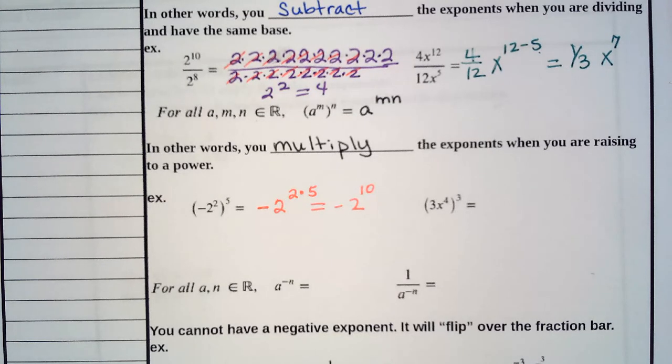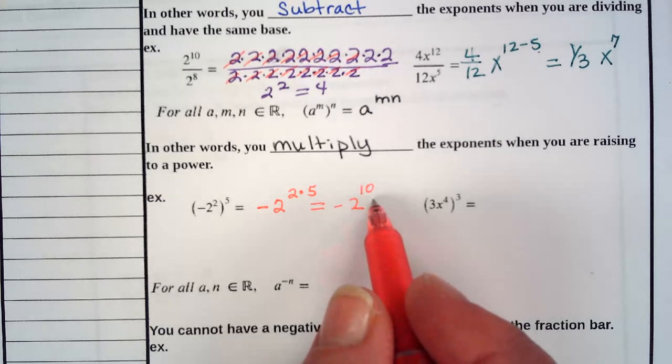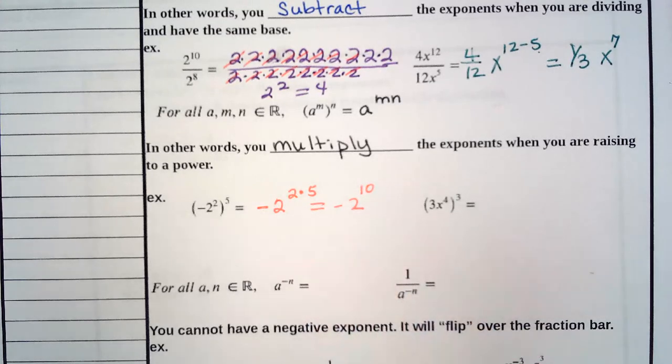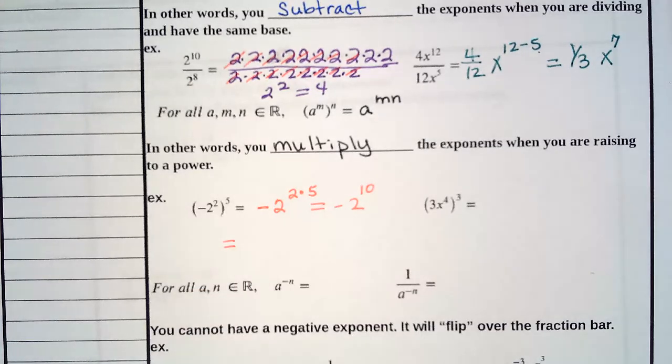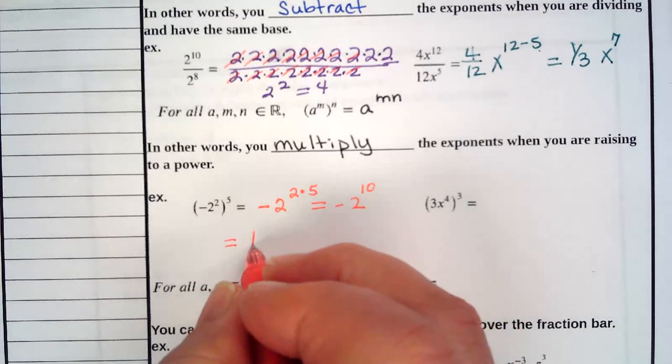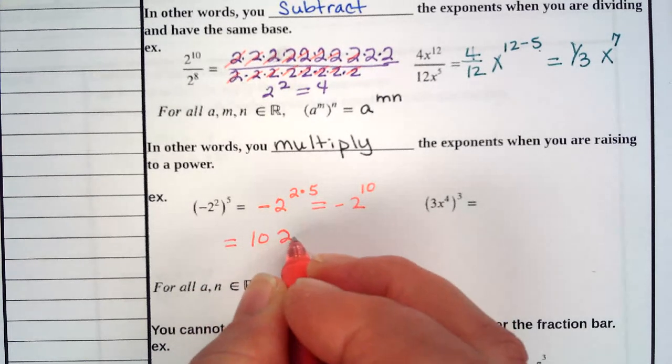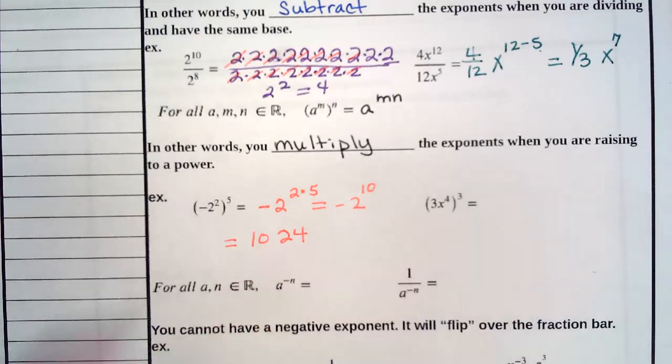Well, it'll be positive, because with each pair, you have a positive number. Negative times negative, positive. Negative times negative, positive. You do that 5 times, and this will be a positive number. So this is equal to 1,024.